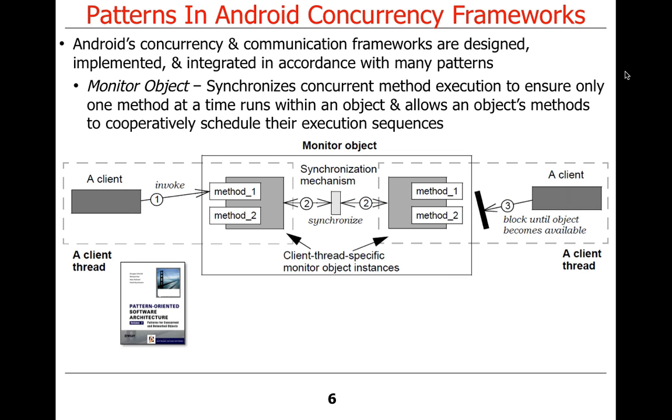And it's also possible to use notification mechanisms, wait and notify, so the threads can coordinate their interactions cooperatively. Those are the 2 main things you get with the Monitor Object pattern. If you take a look at the POSA 2 book, it explains all this stuff.